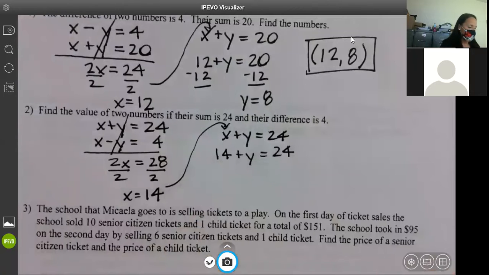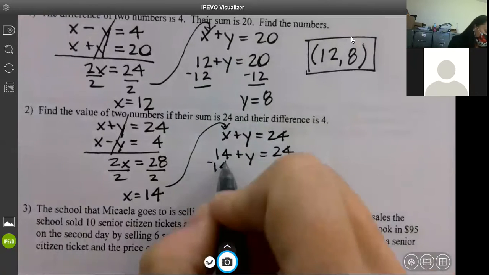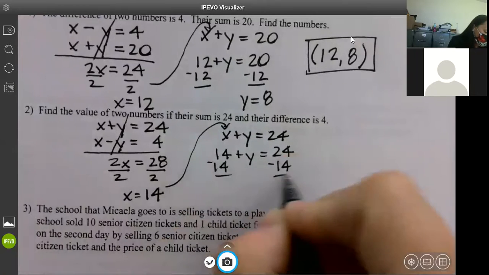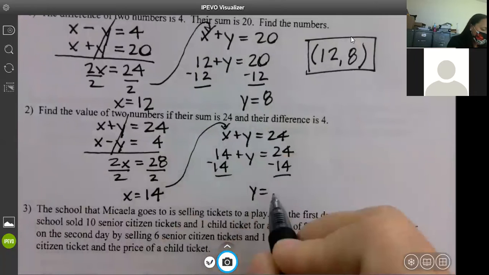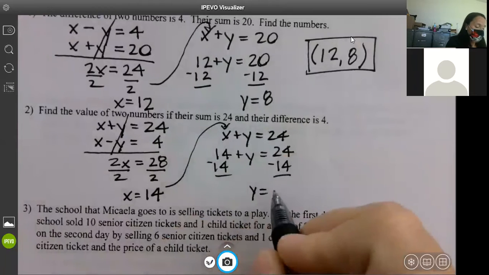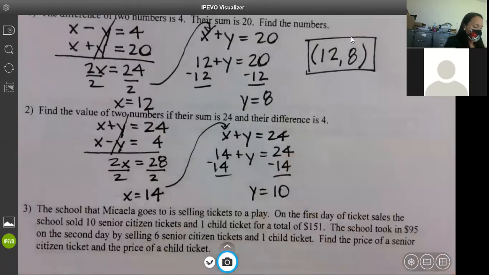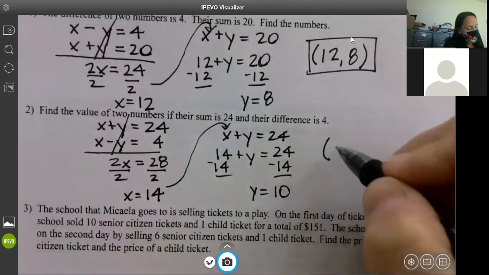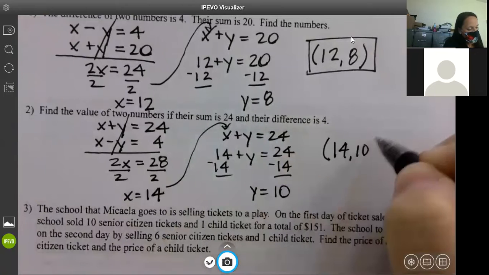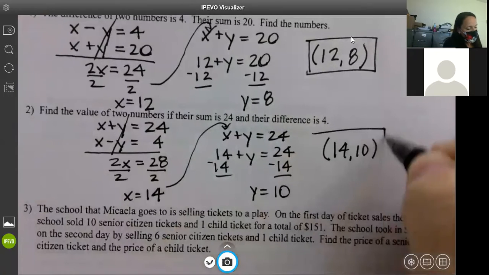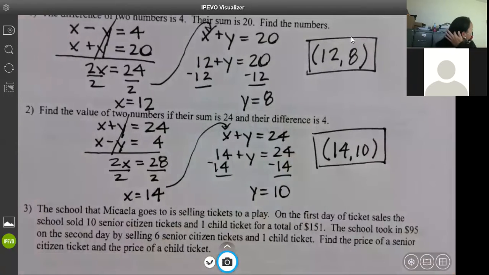How do I solve? When I subtract 14, I get y equals what? 24 minus 14, 10. Coordinate answer. 14, 10. Perfect. Great job. Again, don't make this harder than what it is. It's actually pretty easy.